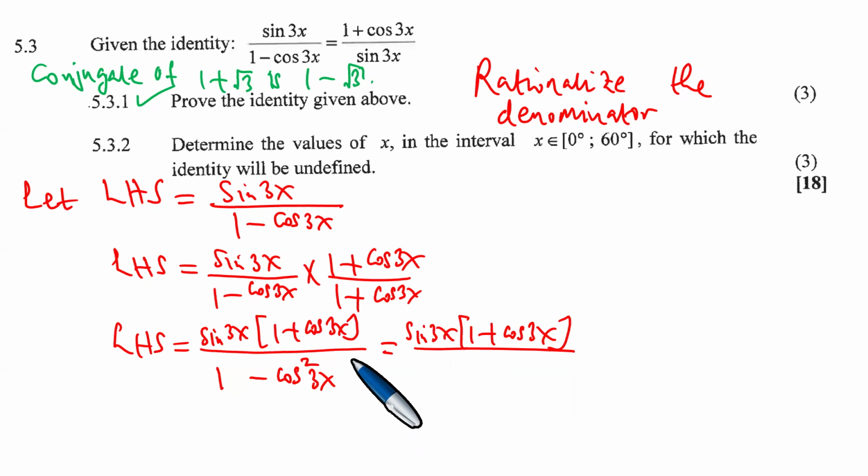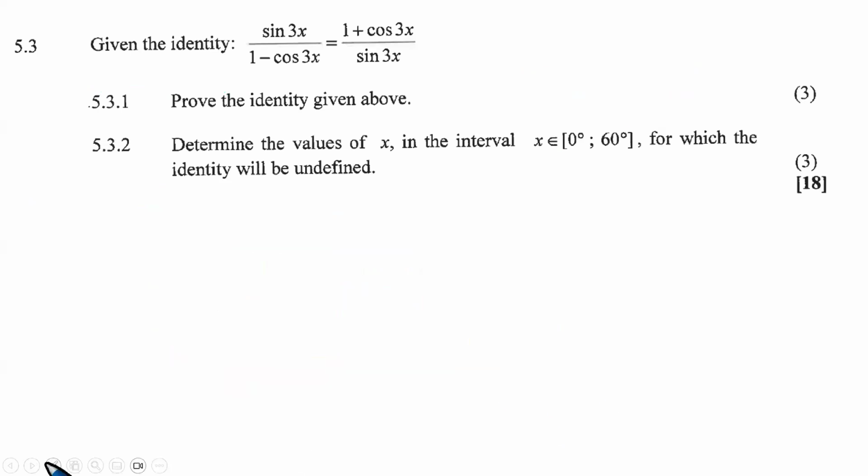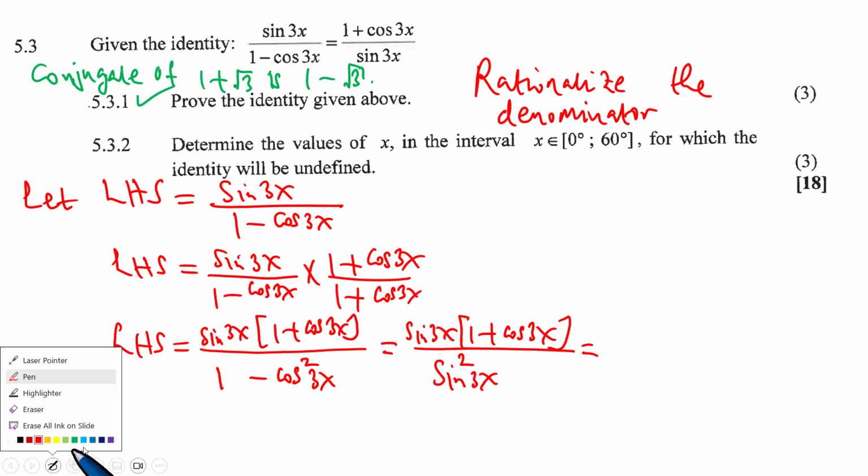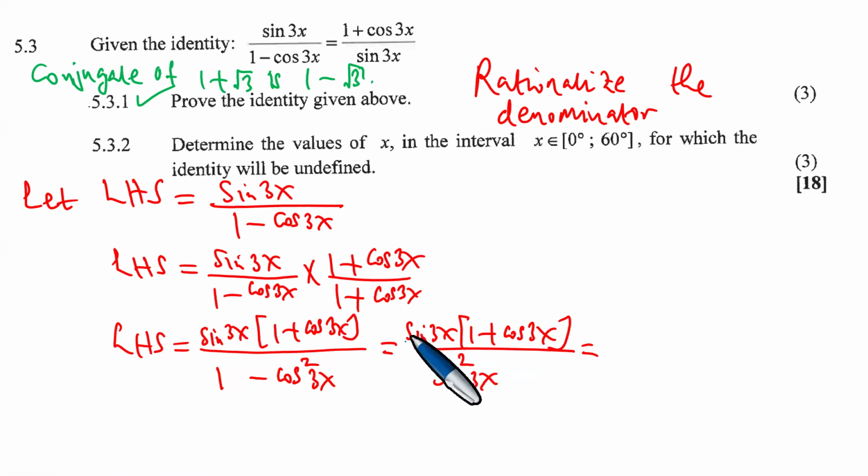Yes, sine squared 3x. Well done. Now, that's correct. So if it is sine squared 3x, this is going to cancel one factor, giving us 1, because sine squared is like sine 3x times sine 3x.